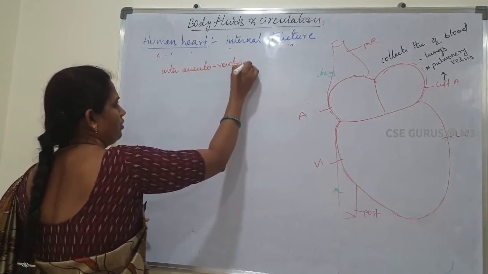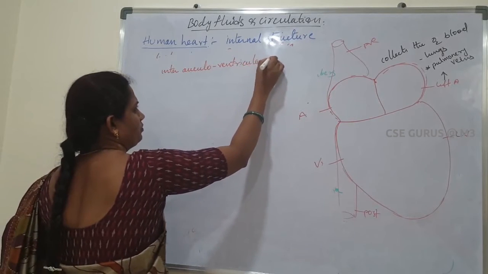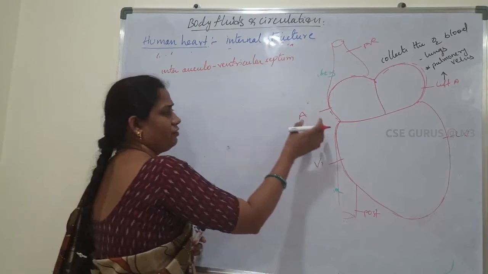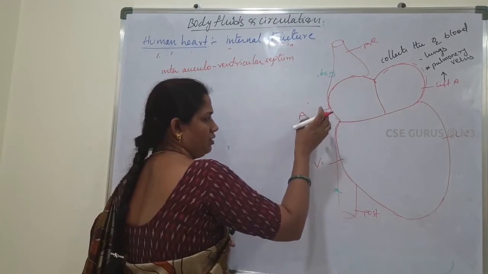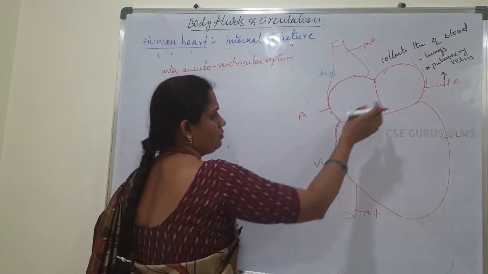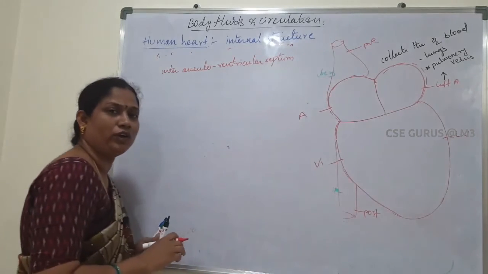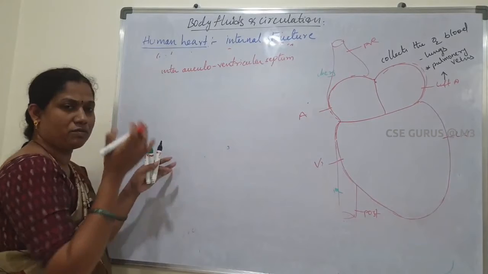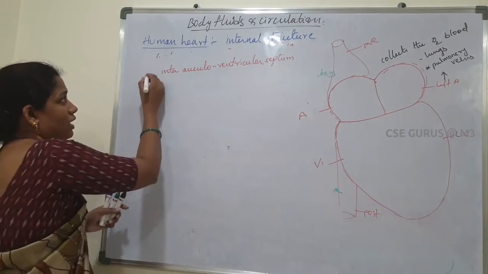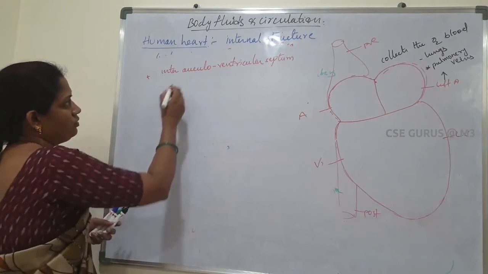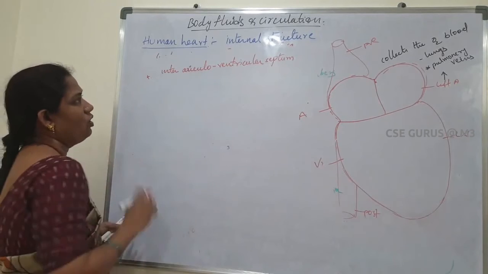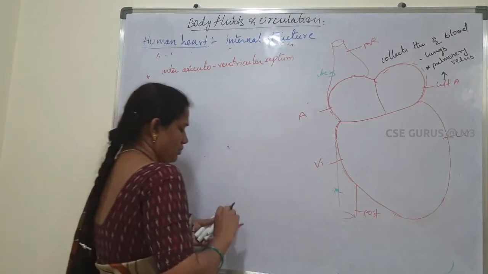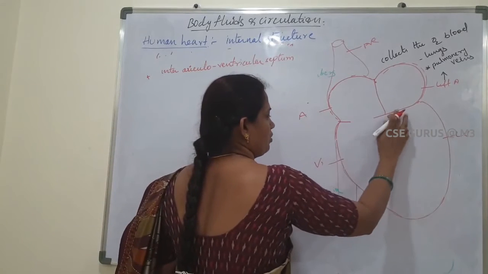We can write right auriculoventricular septum, left auriculoventricular septum. This septum separates the upper chambers and lower chambers.